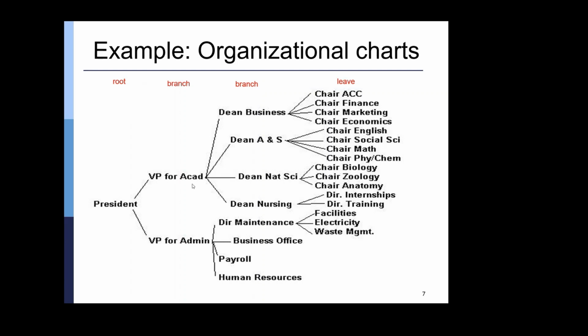Under the vice president for academics, we have four deans: dean of business, dean of A&S, dean of natural sciences. Likewise for the VP of administration, we have the director of maintenance, business officers, payroll, and human resources.